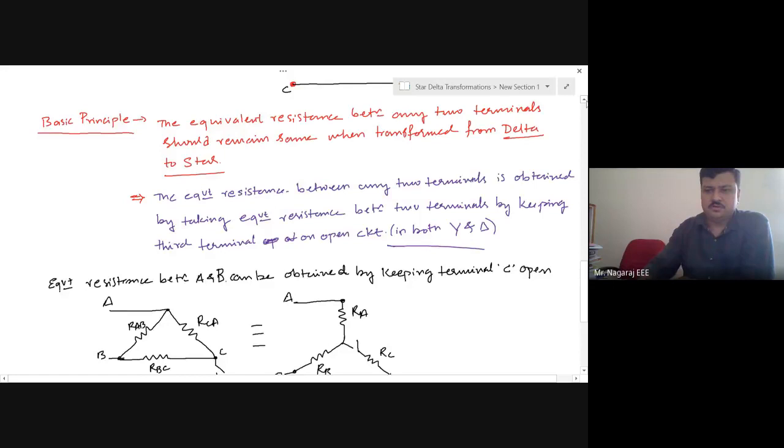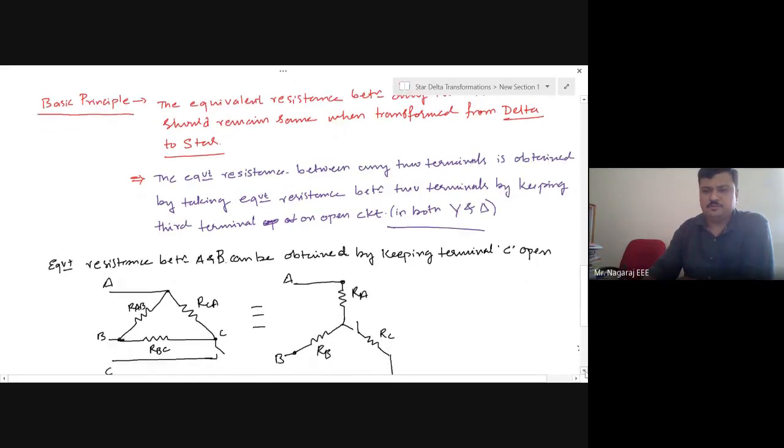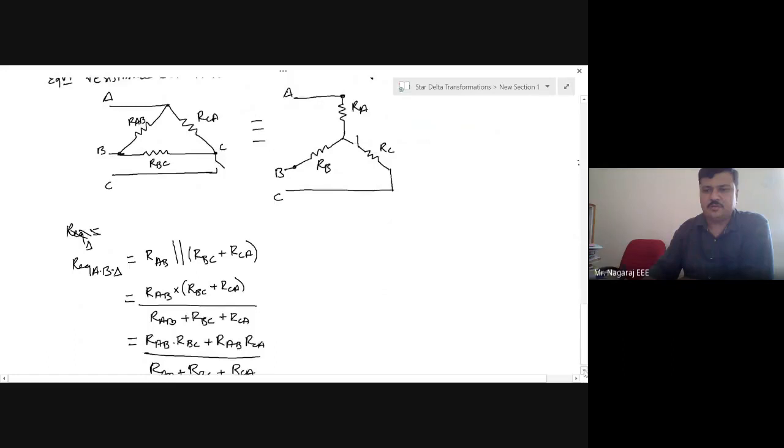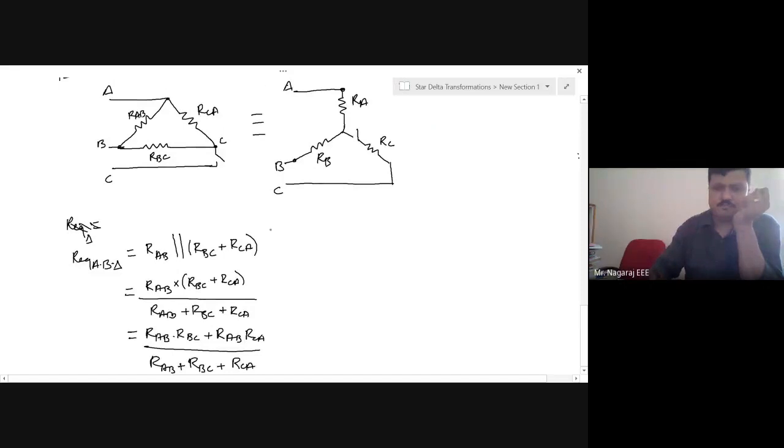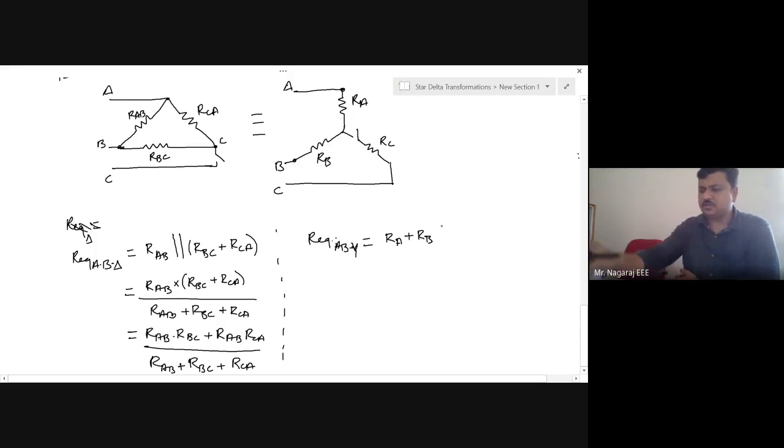This is what we got when I keep terminal C open and take the equivalent resistance between A and B. Now what about in star connection? R equivalent between A and B in star equals to, okay, terminal C is open, it is simply RA and RB are in series.